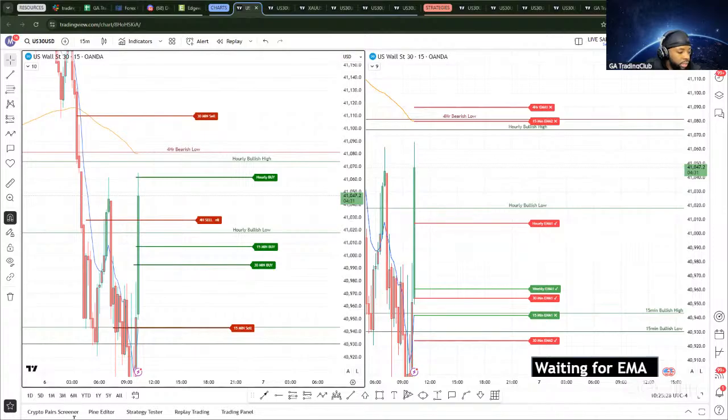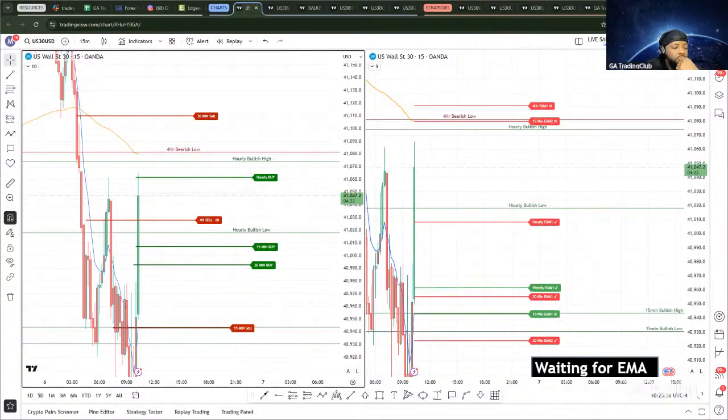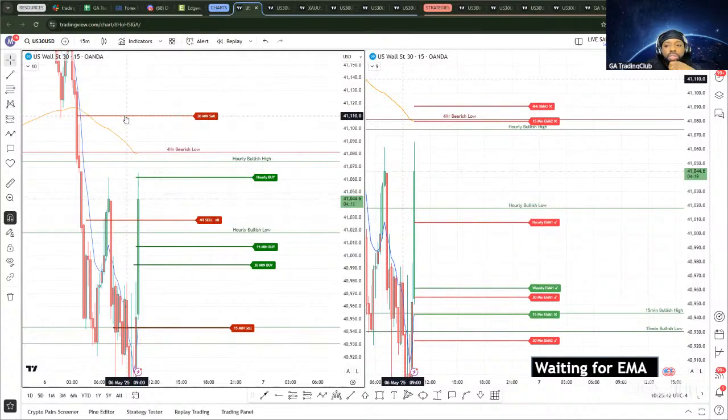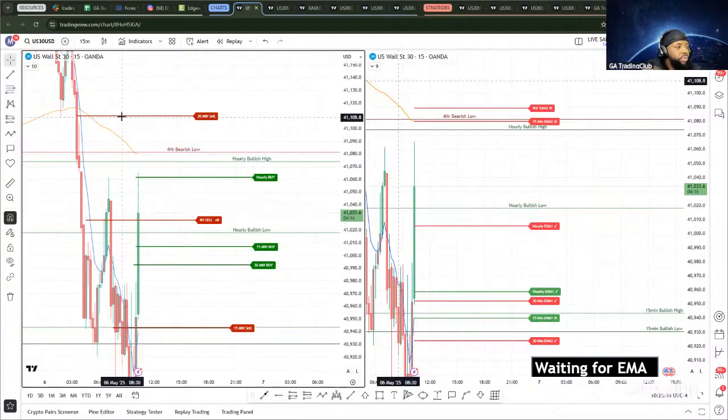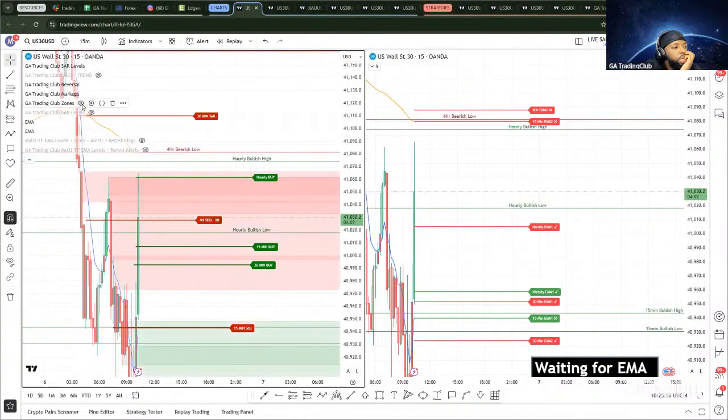Let's see if there's any other level really. That was the 30. There's a potential one right here on this 30-minute. No, actually, never mind, because we do not have a supply zone up there.